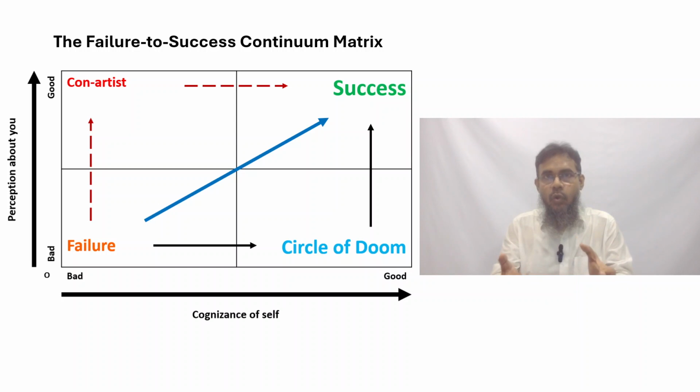Has it become more common in this day and age, in today's world? Yes, it has. People are actually showcasing things that they don't have. And part of the reason is the proliferation of social media, where you can showcase yourself as something which you're not.